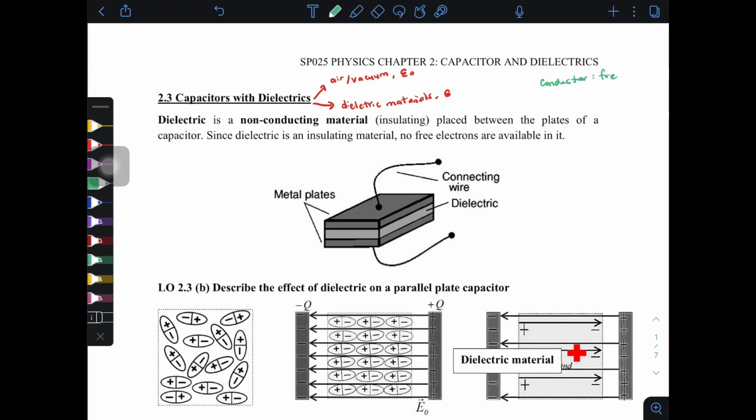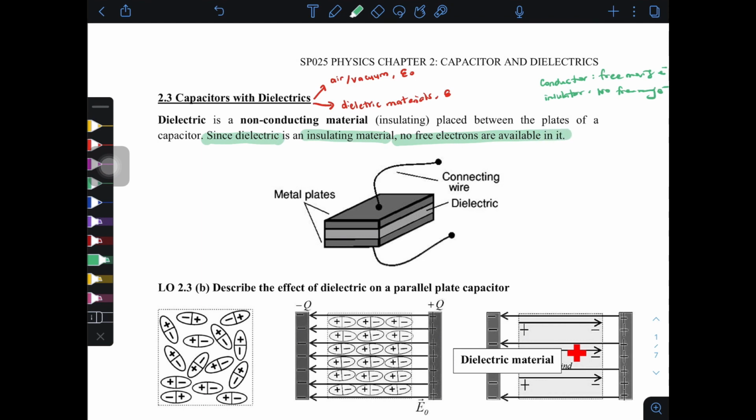Free moving electron yang menyebabkan current boleh flow. Tetapi this one is insulator, so kalau dia insulator, there is no free moving electron. That's why they mention dekat sini, since a dielectric is an insulating material, no free electrons are available in it.